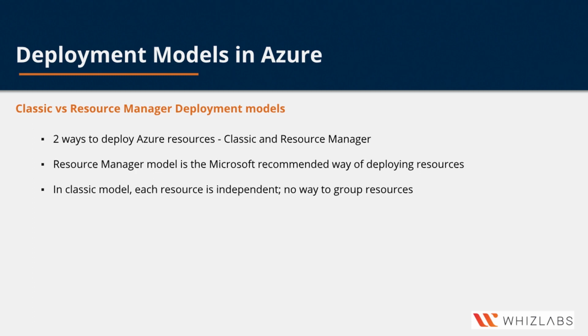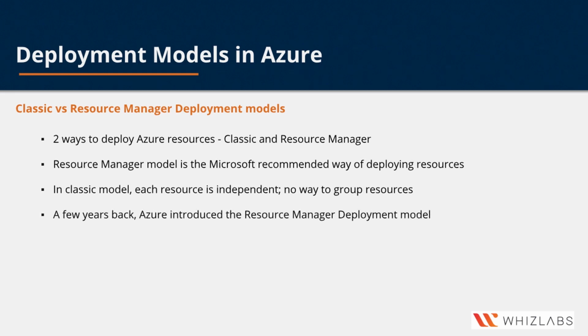So you create independently, you manage them independently, you track them independently, you deploy them independently, and you delete them independently. There is no way that you can group your resources.